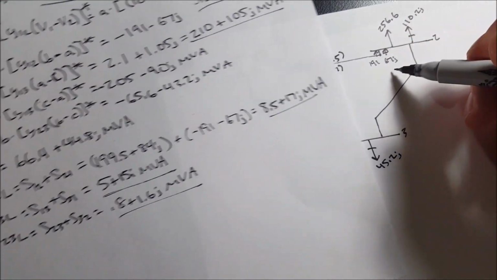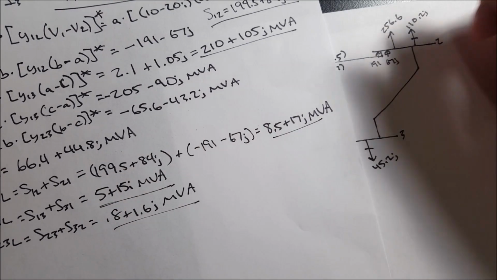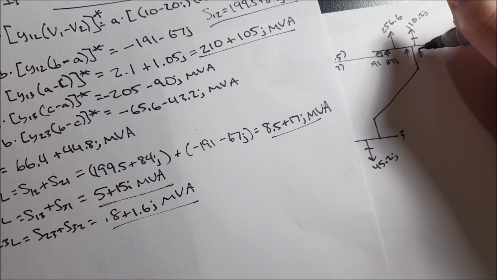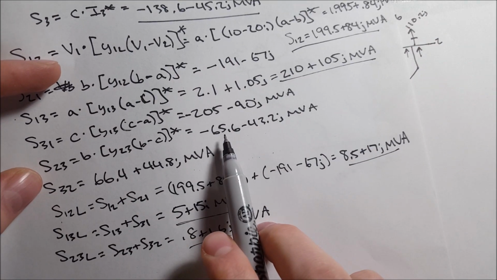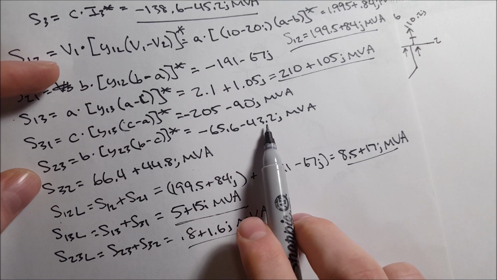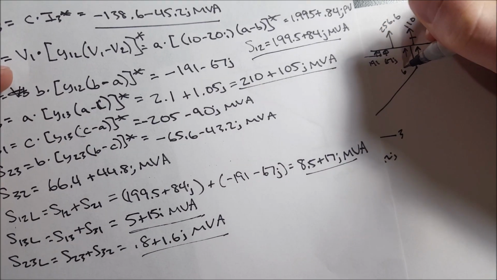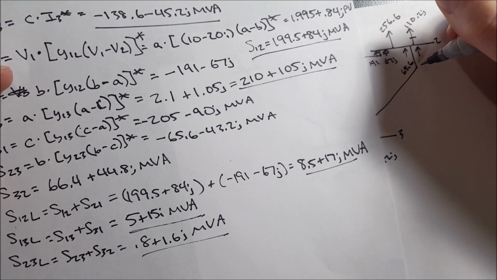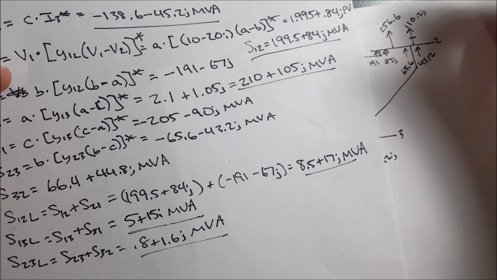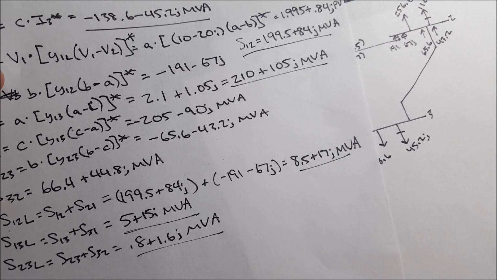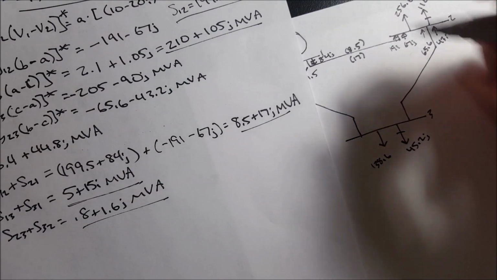And then 2 to 3, we have negative and negative again, so it's going to the bus, and it's 65.6 and 45.2. And 3 to 2, it's positive and positive, so it's going away.